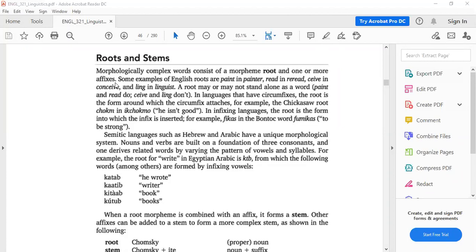In the case of circumfixes, the root is the form in between. So if we say chokm and ikchokmo, then we take ik and o as the circumfix, so the root is chokm.